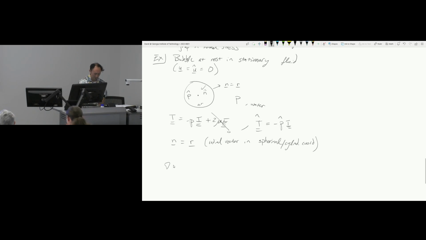So del dot n, in this case, it's del dot the radius vector. And because you're in spherical coordinates, divergence is not that simple to write. It looks like this. Why don't you just work this out at your seats?